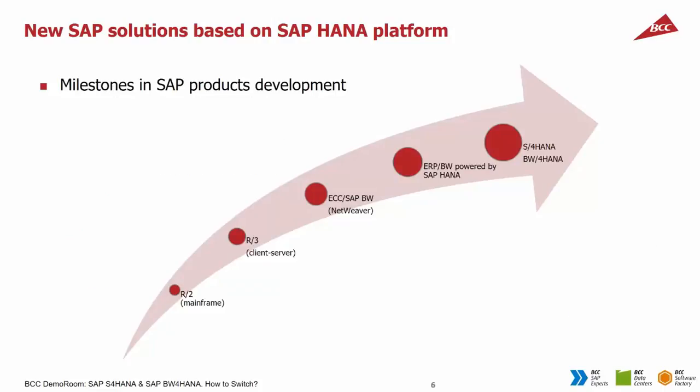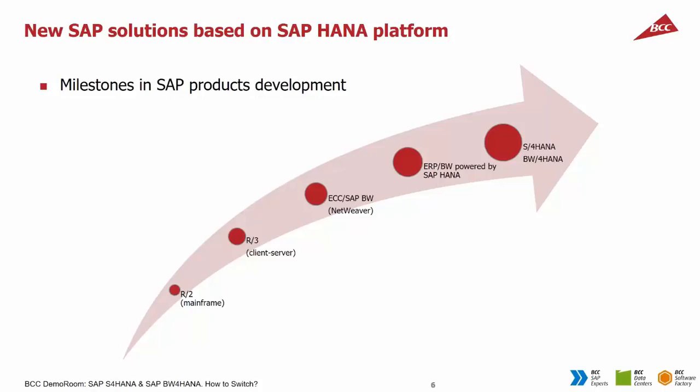As we look at milestones in SAP product development, we can start from R/2, the mainframe system, then the R/3 client-server system. It was a huge step forward, with a changed architecture using PCs as well as the server side. Then the introduction of NetWeaver extended SAP capabilities.